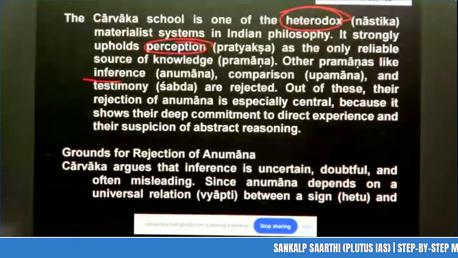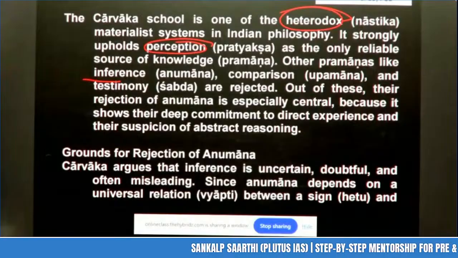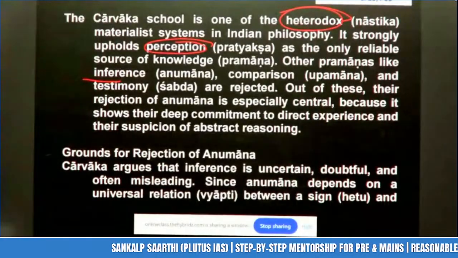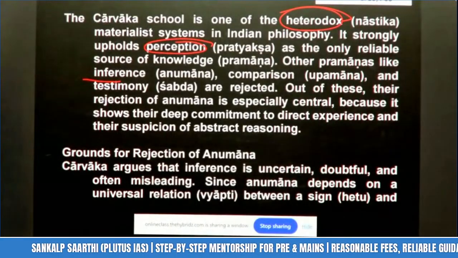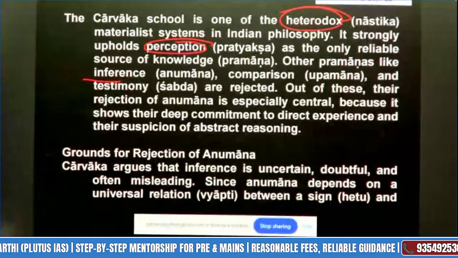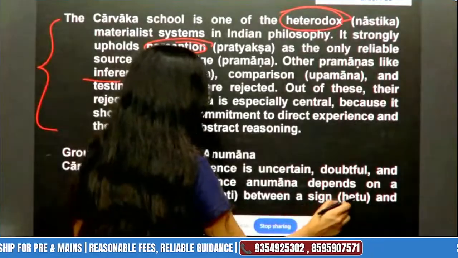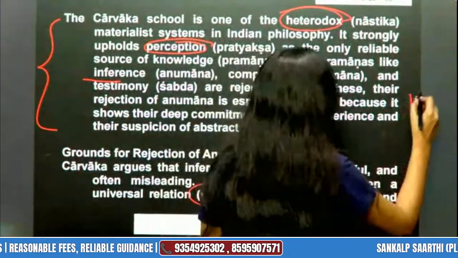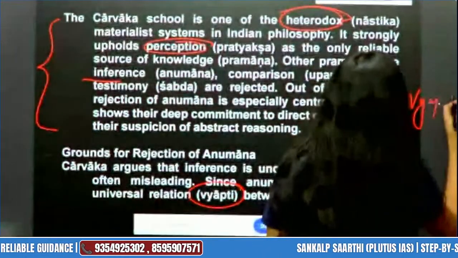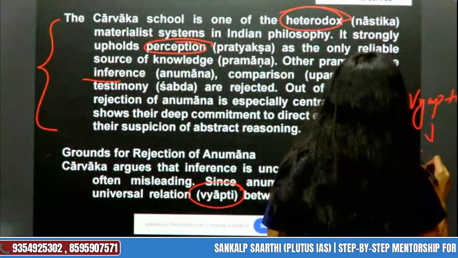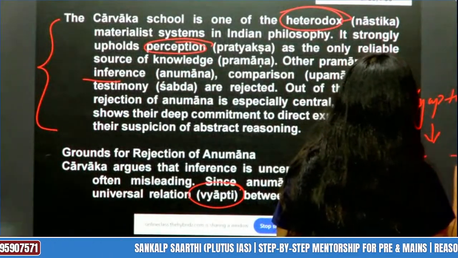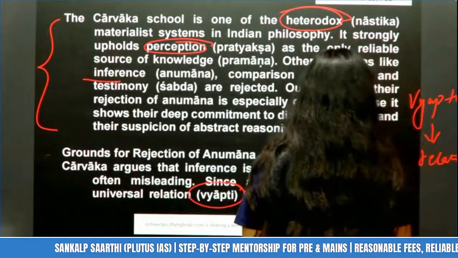Now, the grounds: on what basis did he reject it? Charvak argues that inference is uncertain, doubtful, and often misleading, since anumana depends on universal relations. Do you understand what vyapti is? What is vyapti? The extension or the extent. Yes. And what is Hetu?